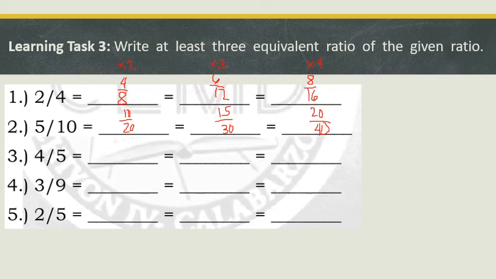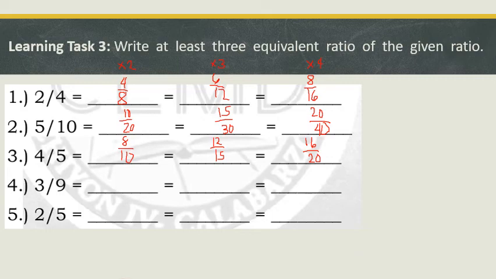Sa number 3, so we have 4:5. So, times 2 muna tayo. So, 4 times 2 is 8, 5 times 2 is 10. Sa times 3, 4 times 3 is 12, 5 times 3 is 15. Sa times 4, 4 times 4 is 16, 5 times 4 is 20.